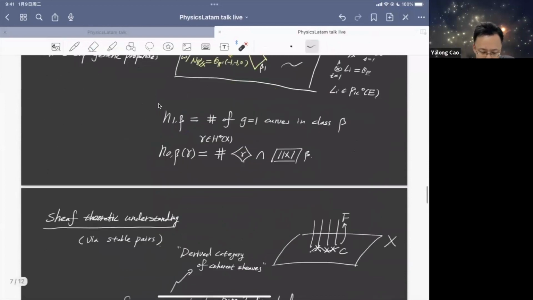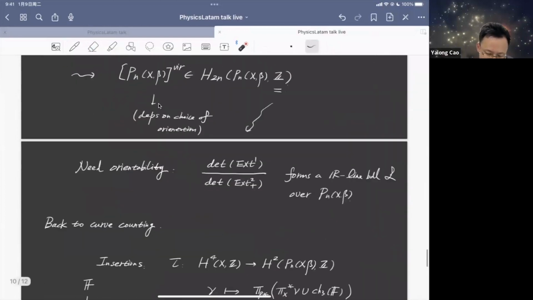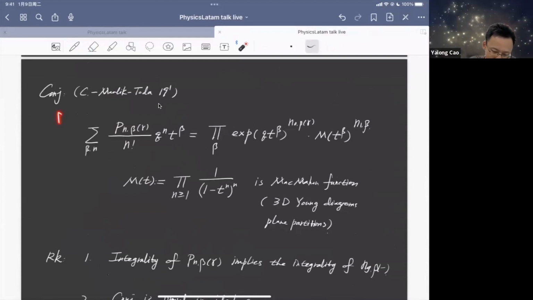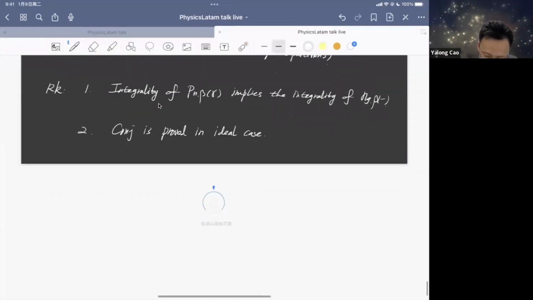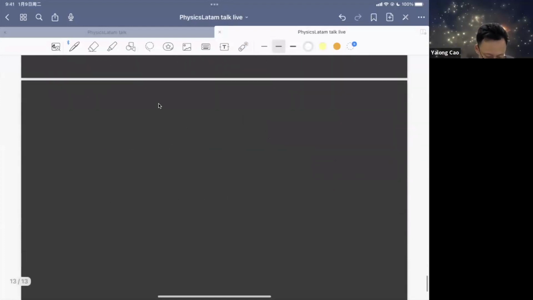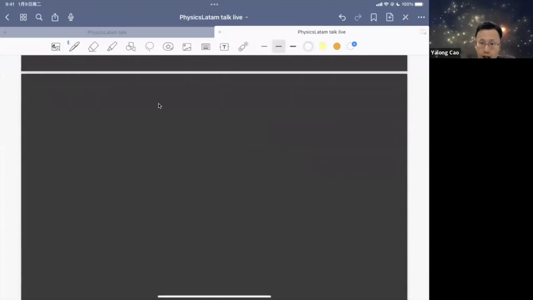Then you can express stable pair invariants using Gopakumar-Vafa invariants and arrive at these formulas. So this is about the Gopakumar-Vafa invariants from the stable pair perspective.